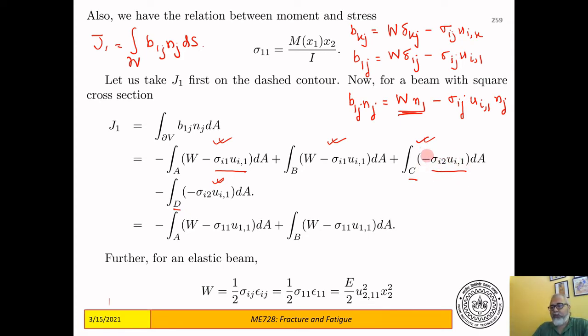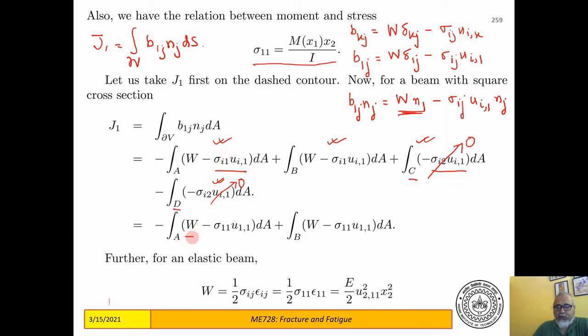There's no sigma i2 component because sigma 11 is the only component of stress in this Euler-Bernoulli beam theory. So this term goes to 0, and we are left with, since sigma 11 is the only stress component, i has to be equal to 1.